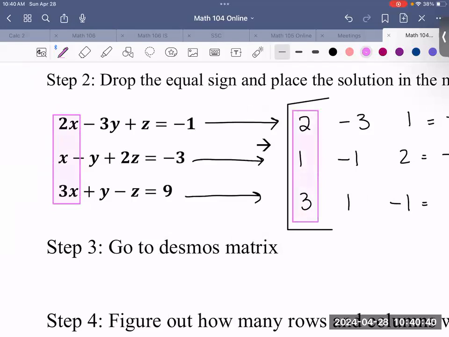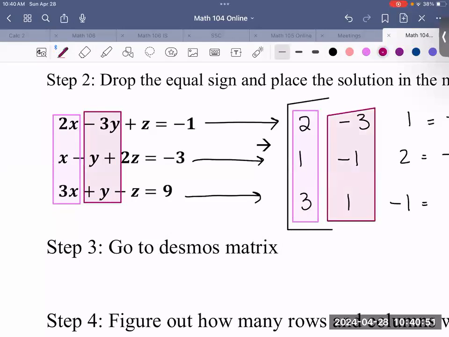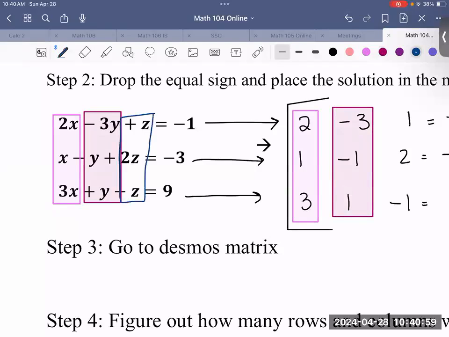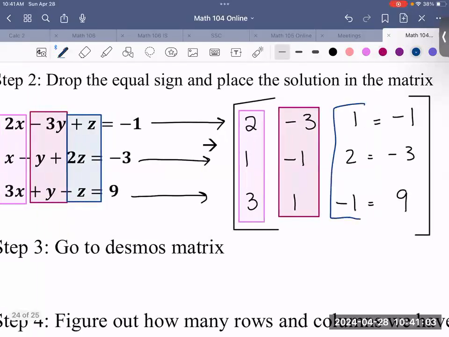There you go. We've also taken all of your y coefficients and making sure that all looks good. I've got to reorient this pen, obviously. Your z's as well. Z is over here.